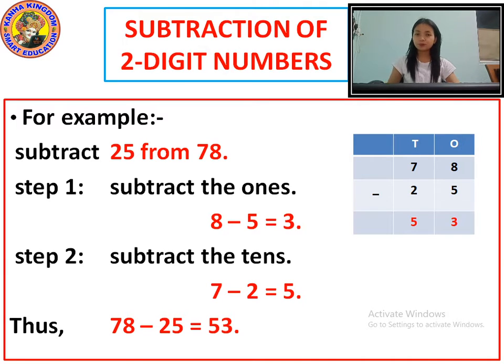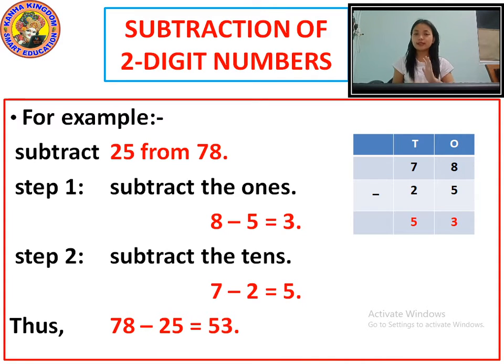Okay student, now let's revise subtraction of a two-digit number. For this, there are two steps. First we have to make the place value chart of ones and tens, because we are subtracting two-digit numbers, right? One column for ones and second for tens.